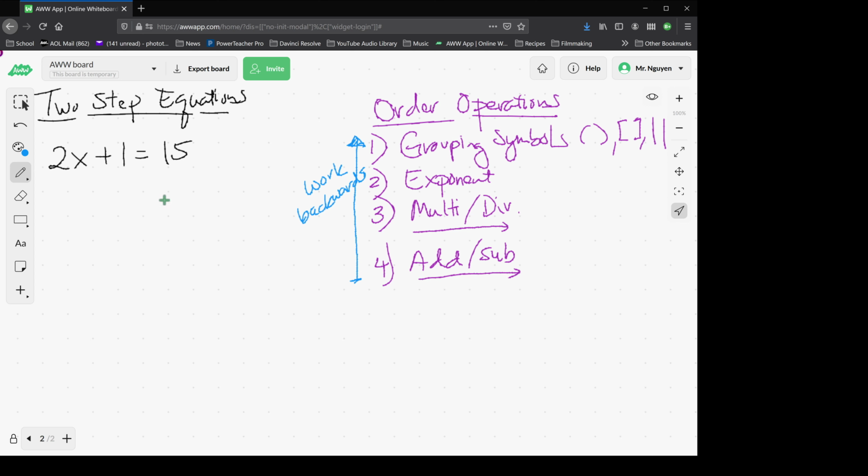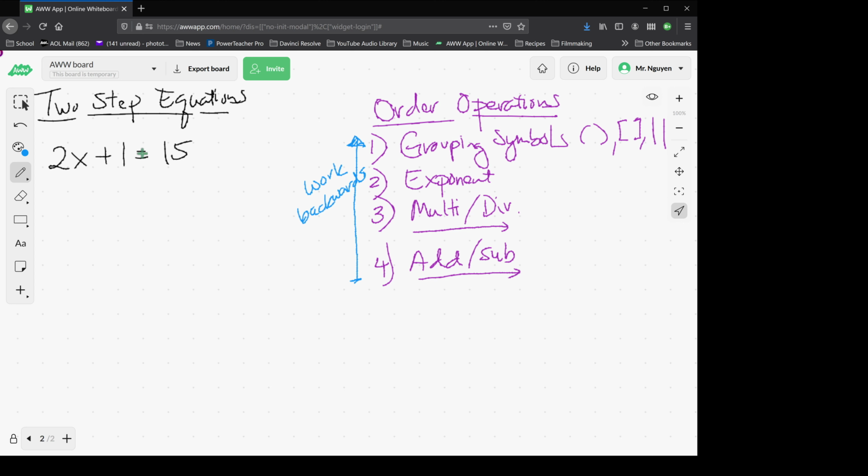Anything that's not grouped together, let me rephrase that. Anything that's not grouped together that's being added or subtracted, we do that first. Because remember, whatever is grouped together has a grouping symbol. That's actually not the first one we're going to do, because we're working backwards. So we start with addition and subtraction. What's being added or subtracted?